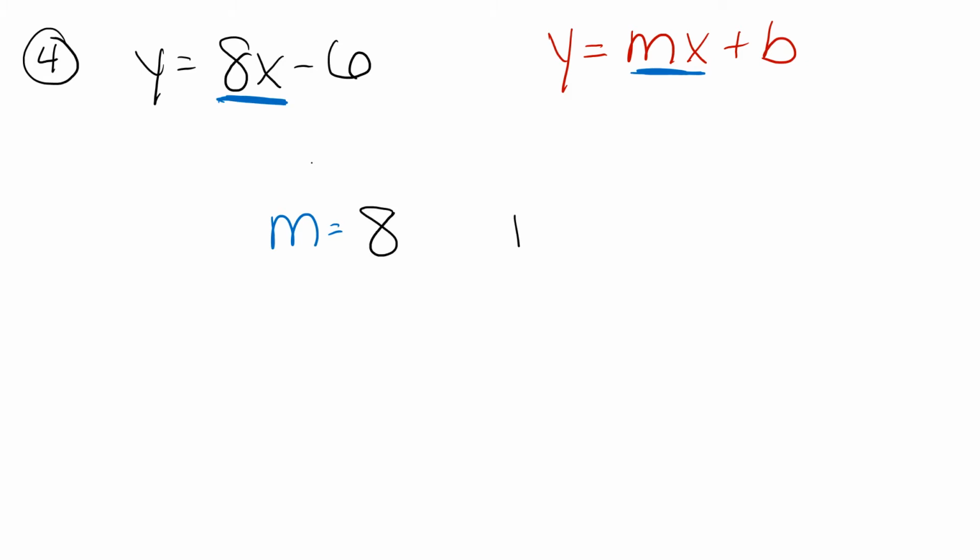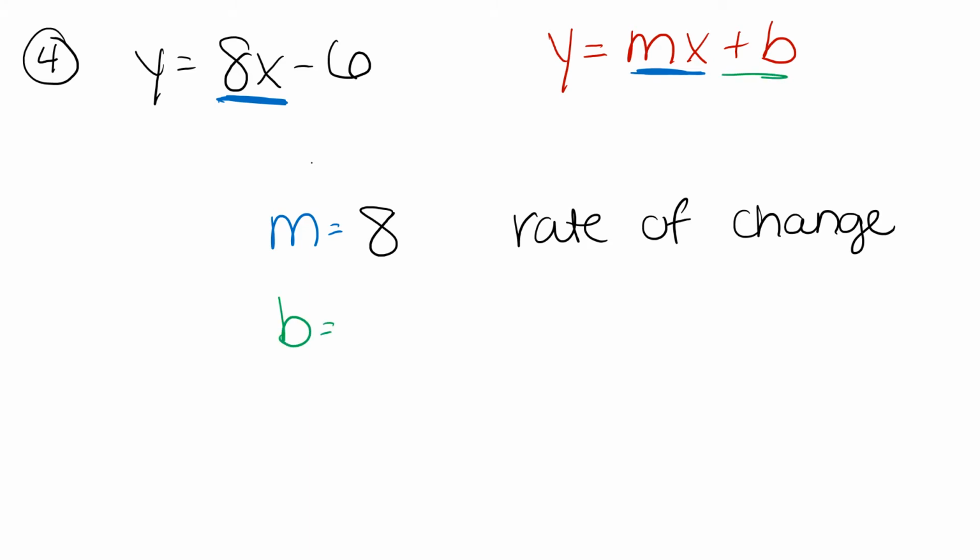So 8 is our rate of change. The b value is what's left alone, the plus b at the end. In this case, it's a minus 6. So we take the minus sign as a negative. Instead of plus b, we have a negative 6. Negative 6 is our initial value.